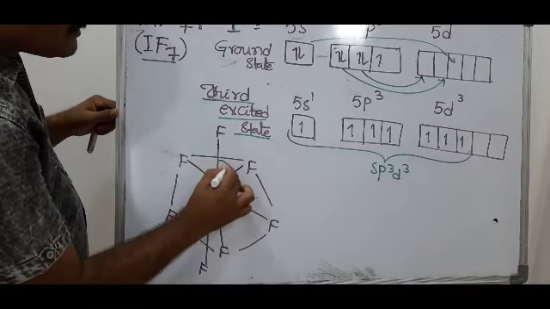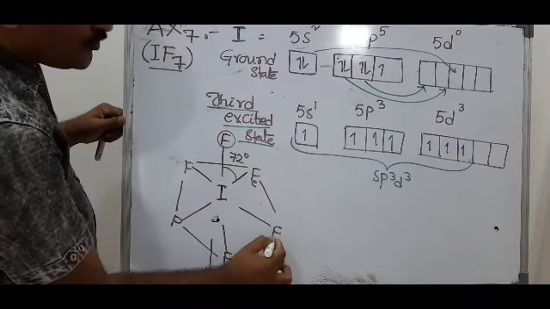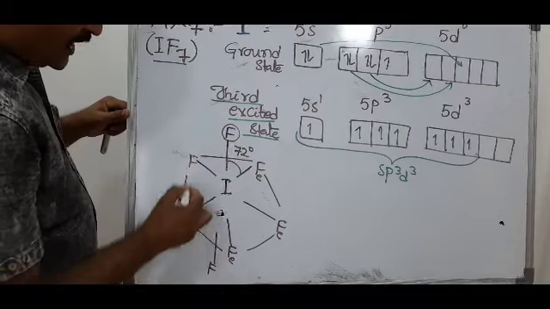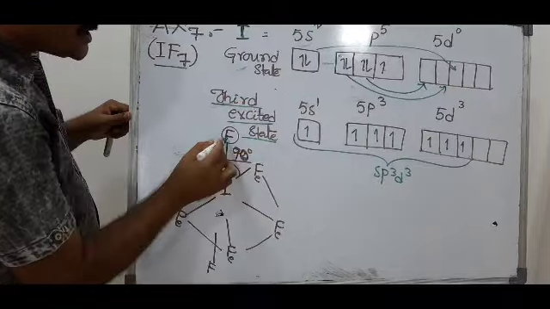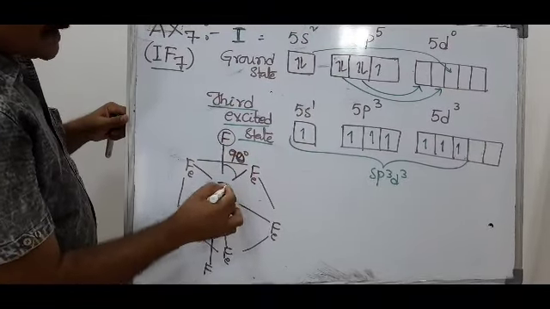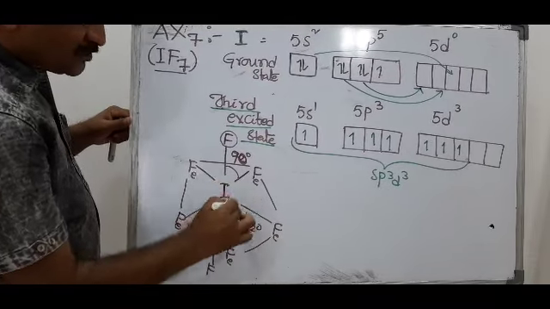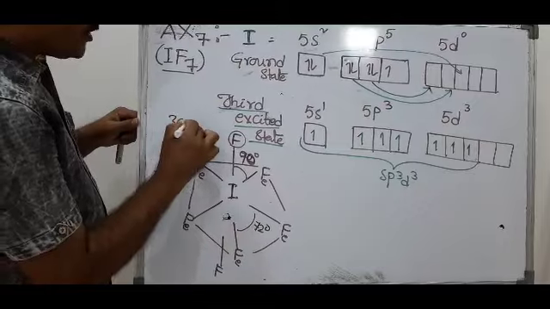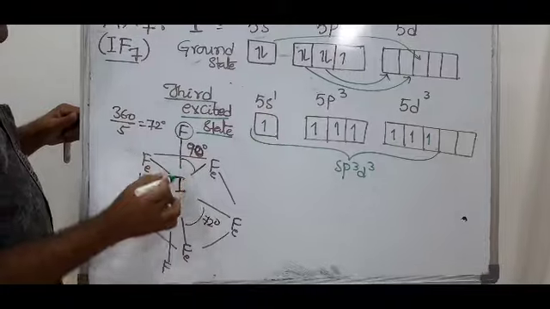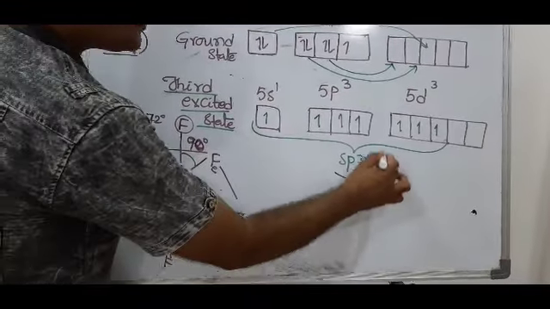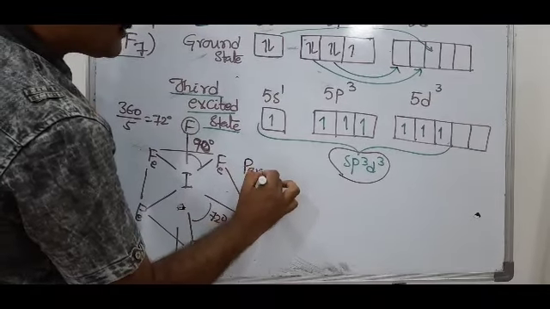Between axial fluorine and equatorial fluorine the angle is 90 degrees, because the axial fluorine is perpendicular to this plane. Among the equatorial fluorines the angle is 72 degrees, because it is 360 divided by 5 bonds, which equals 72 degrees. So 2 types of bond angles are there. The hybridization is sp3d3, and the shape is called pentagonal bipyramidal.